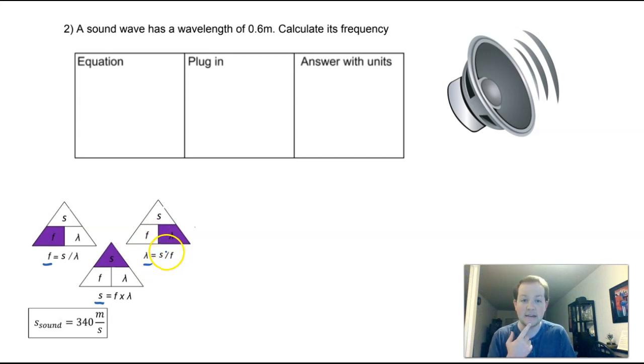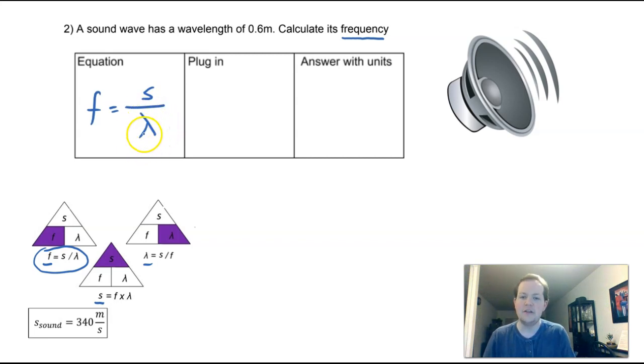It says to calculate the frequency. So this is the equation for frequency. F equals S, speed, divided by, remember this funny little symbol? That's lambda. That means wavelength.